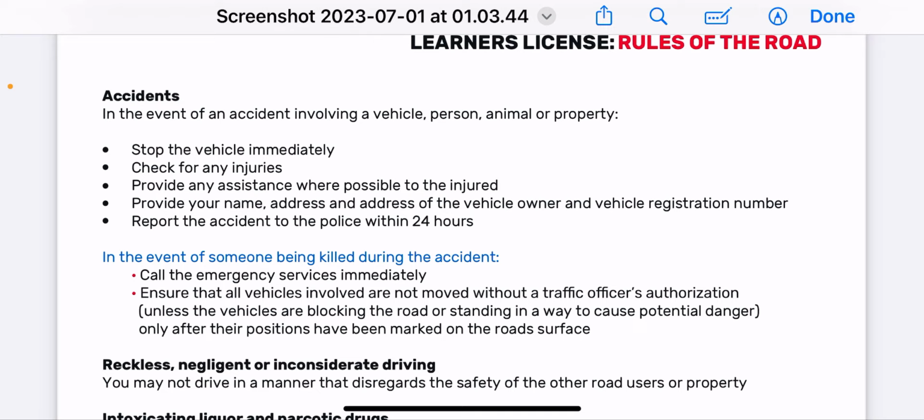In the event of an accident involving a vehicle, person, animal, or property, stop the vehicle immediately, check for injuries, provide any assistance where possible to the injured, provide your name, address, and the address of the vehicle owner and vehicle registration number, and then report the accident to the police within 24 hours.